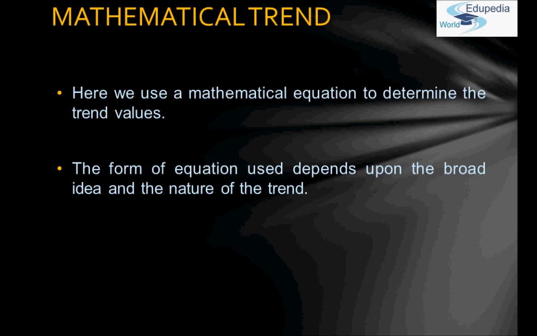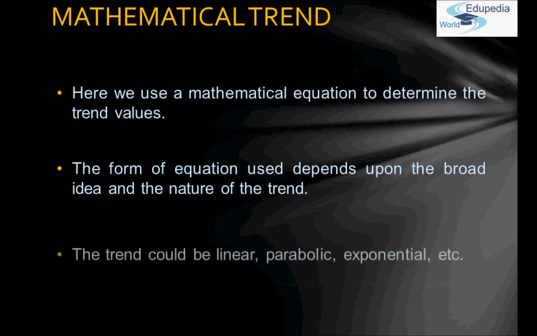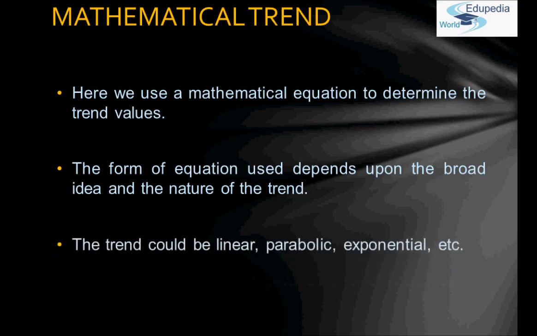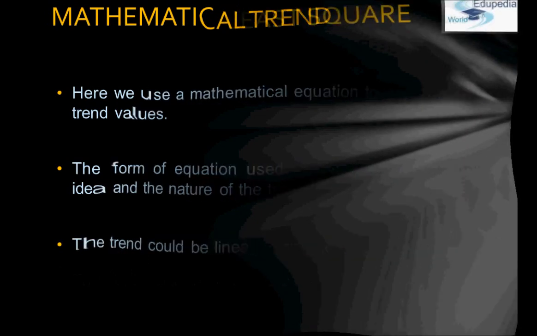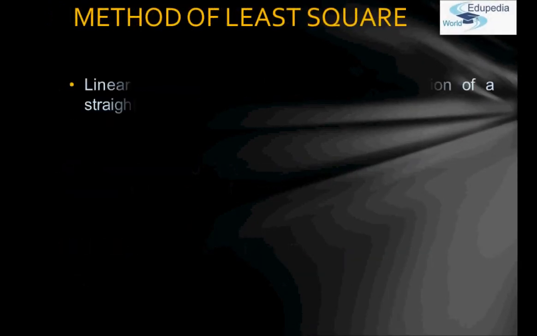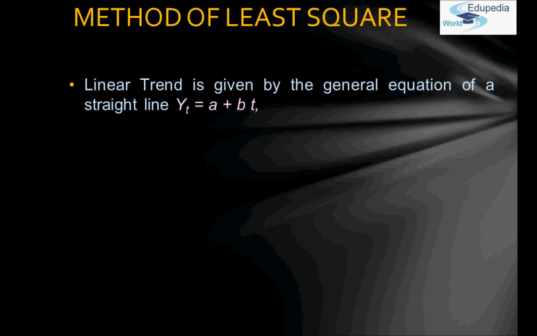And how do we understand this? We basically first obtain the graphical representation of the data, and we understand which of these would be most suitable in our case of the data. The trend, as I said, could be linear, parabolic, exponential, and so on. Since we are going to use only the linear trend, we'll be using the equation of a straight line.